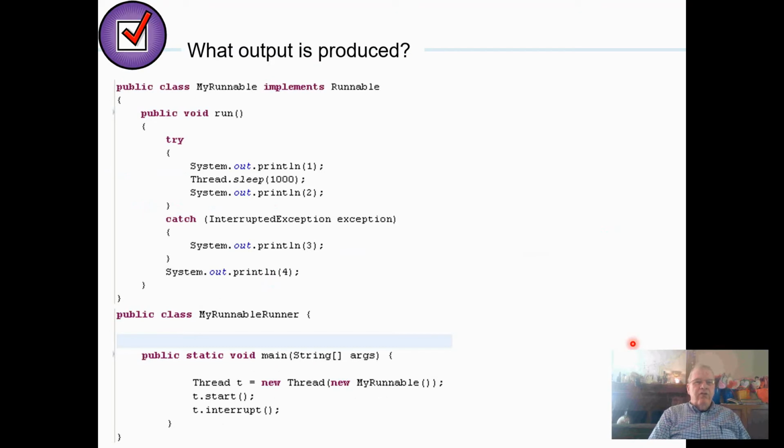All right, so here's some code, and this has a driver. It's called MyRunnableRunner. It starts each thread and then interrupts it. Let's look at how this happens. MyRunnable starts in a thread.